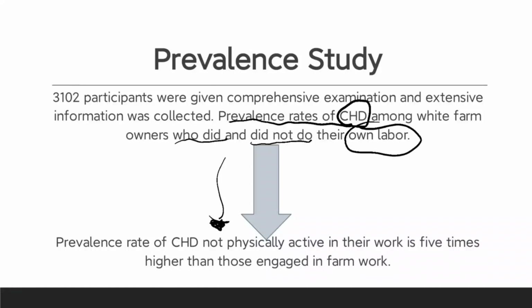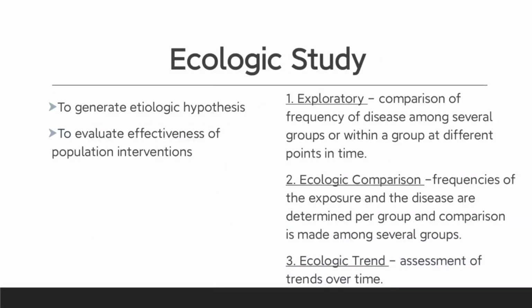But it is really difficult to relate na yung those who are not physically active, they have 5 times higher na nagkaroon ng chronic heart disease than those who engage in farm work. It's really difficult. Okay? It's better na you have additional variables to create or to suffice yung CHD diagnosis data.